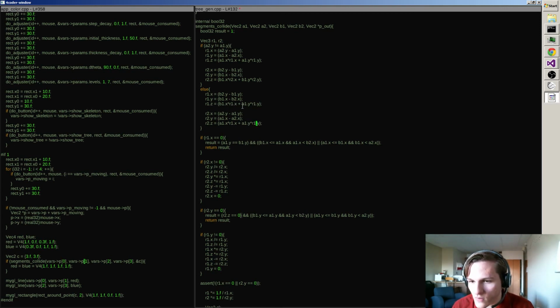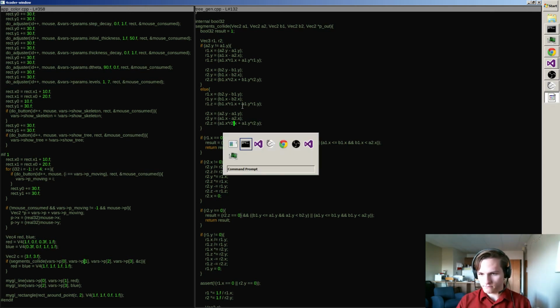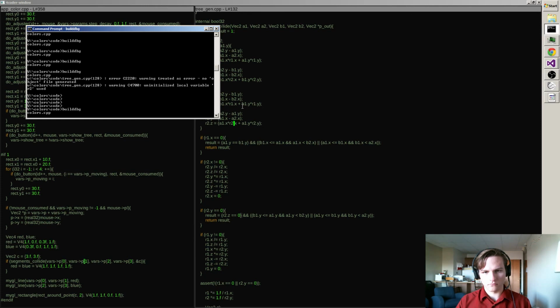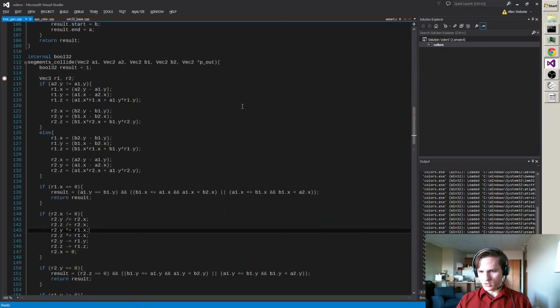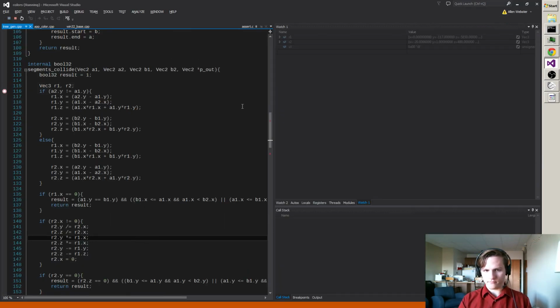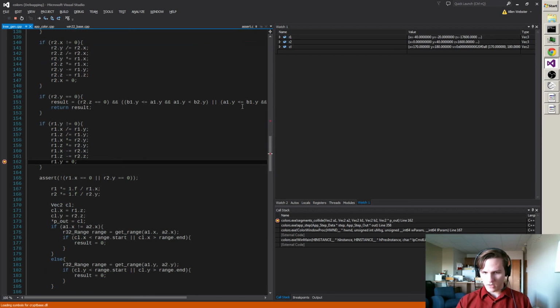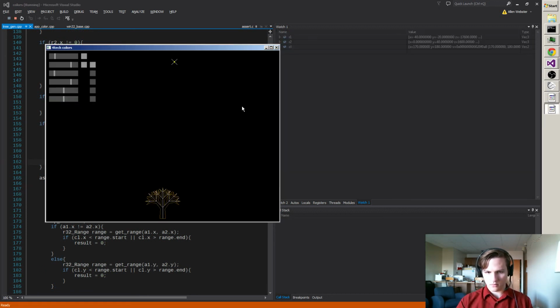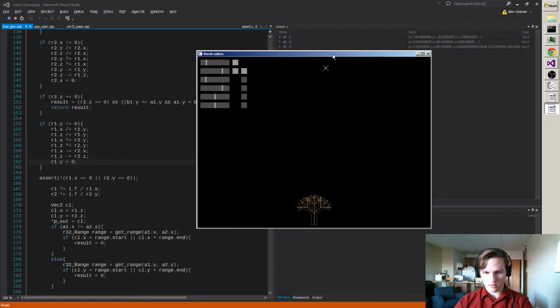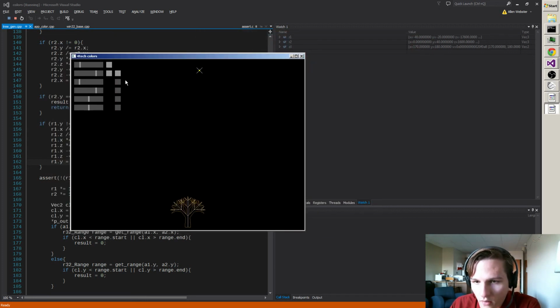I didn't finish swapping my R1 and my R2 totally. R2, there we go. Ta-da! And I'll take you out of the mix. What's that assert right there? Assert that, okay, sure. Now, let's see if we've got correctness.